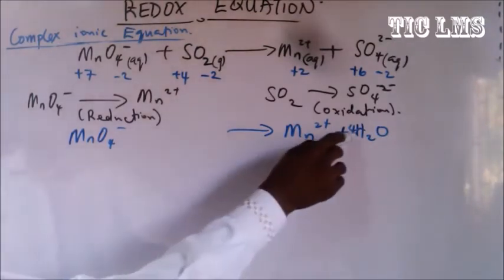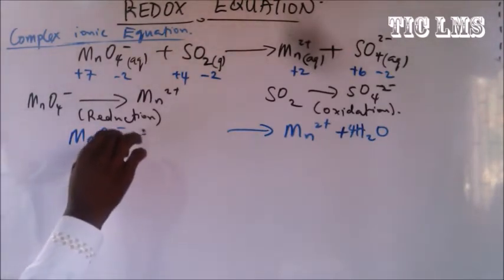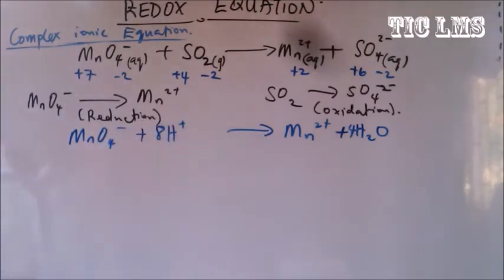Next, before we have 2 times 4, 8 atoms of hydrogen here, and that would lead us to adding 8 hydrogen ion to the reactant side. Next, we need to balance the electrons.